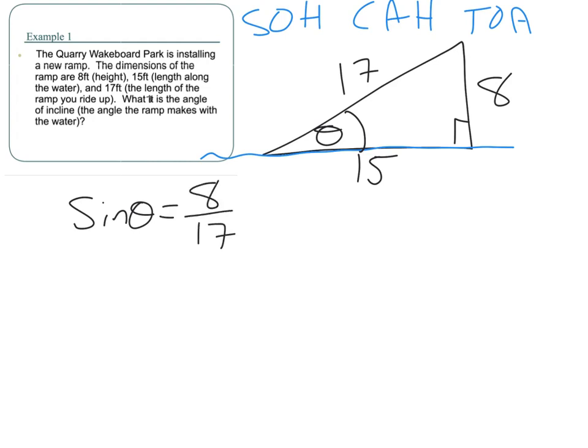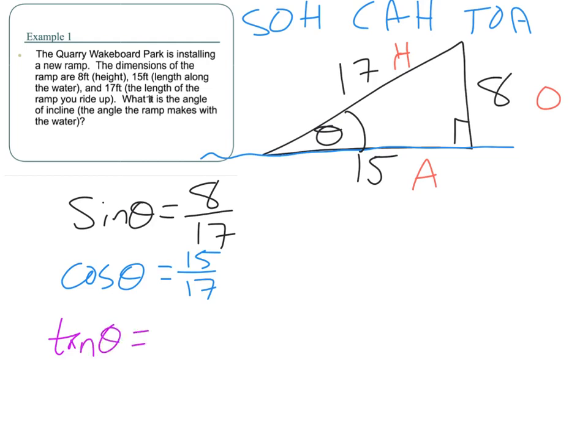This is my opposite, this is my adjacent, this is my hypotenuse. Now, cosine of theta is equal to 15 over 17. And last, we got our tangent, which is equal to 8 over 15.